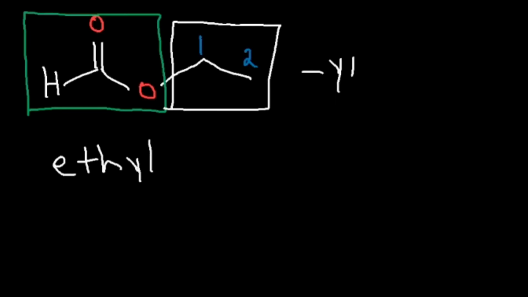And now for the portion on the left, the one that has the 2 oxygen atoms, we only have 1 carbon. So 1 carbon is associated with the name methane, but we're going to replace ANE with OATE. So it's going to be methanoate.